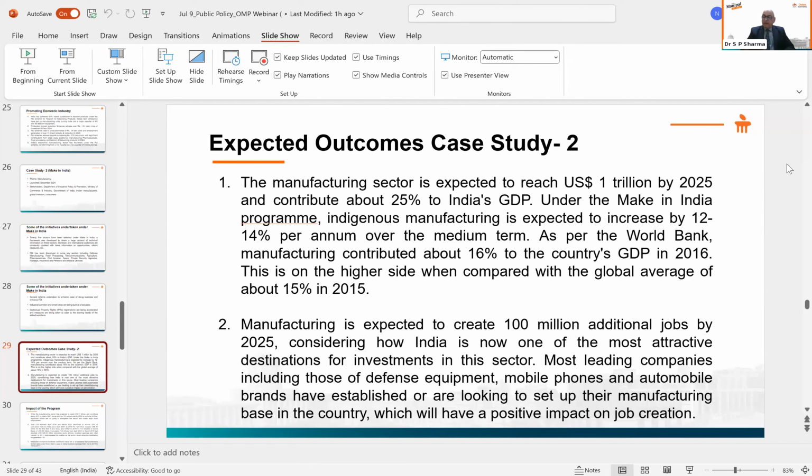If you go by the assessment numbers, after the advent of the Make in India scheme in 2014, there was a trade war between US and China in 2017-18, and that caused a slowdown in many economies.